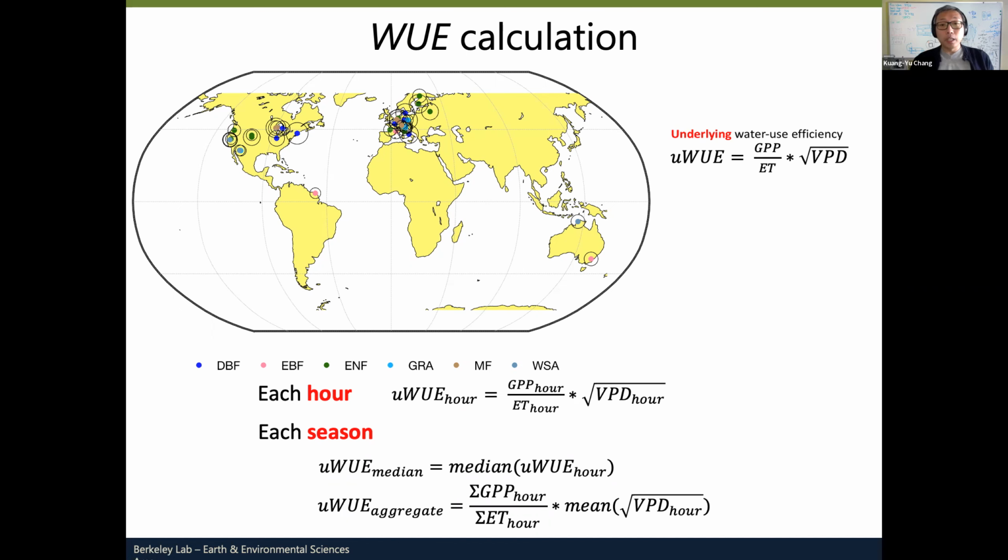We can estimate the uncertainty associated with temporal resolution by comparing seasonal water use efficiency inferred from these two approaches. That is, how would the strength of water use efficiency change when the same set of GPP, ET, and VPD measurements is fed into the same underlying water use efficiency functional form at different temporal scales?